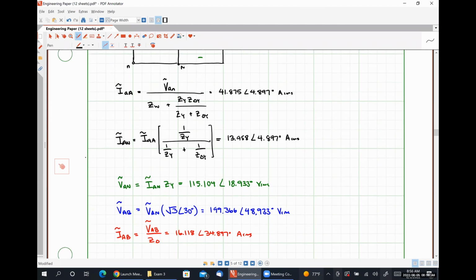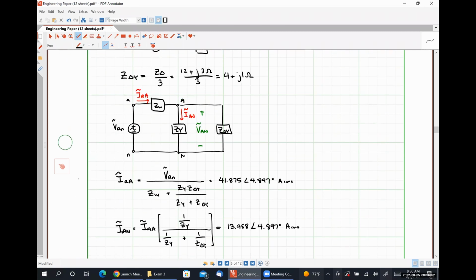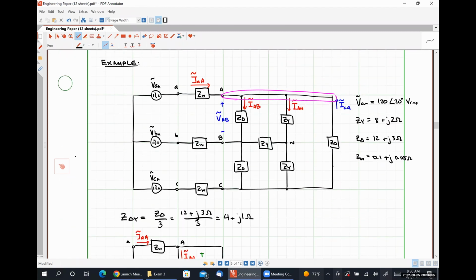So it really doesn't matter what way we pursue figuring out this last quantity right here that can't be solved for using our single phase equivalent circuit.